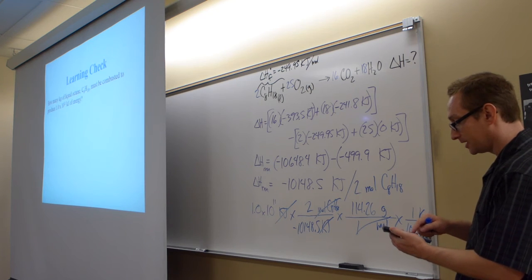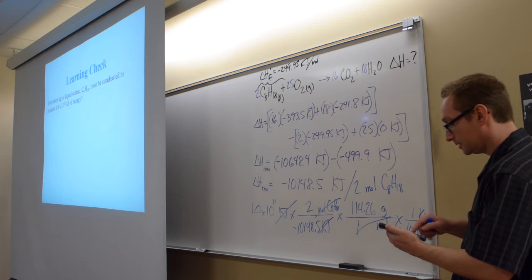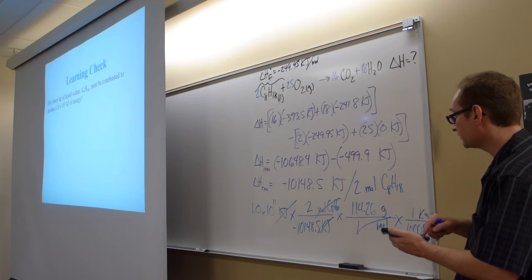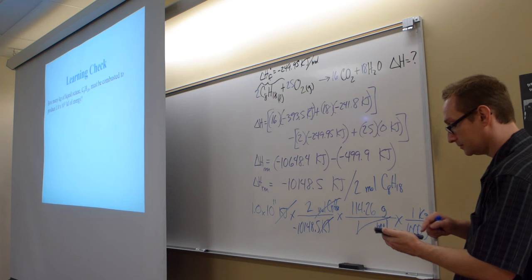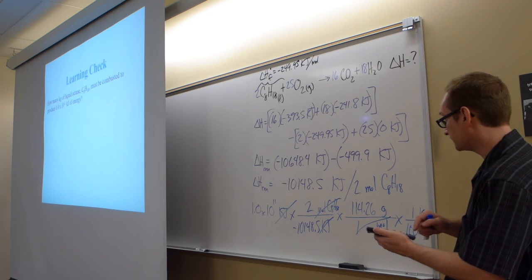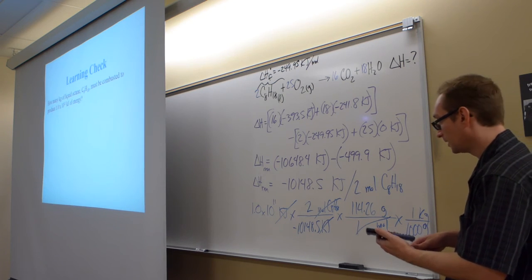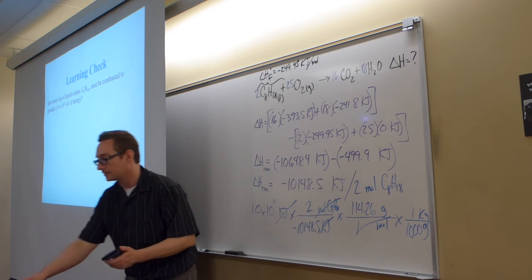So running this through now, okay, divided by 1,000 times 2 times 1e to the 11th divided by 1,148. So this is quite a bit of energy.